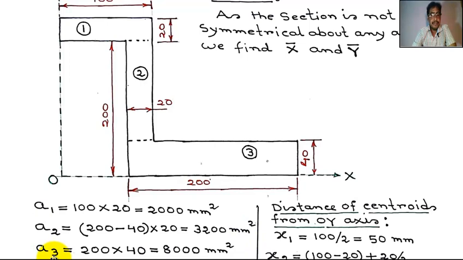A3 is the area of rectangle 3. This is 200, this is 40, 200 into 40 equal to 8000 millimeter square.